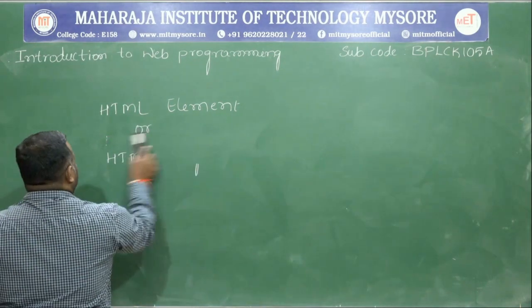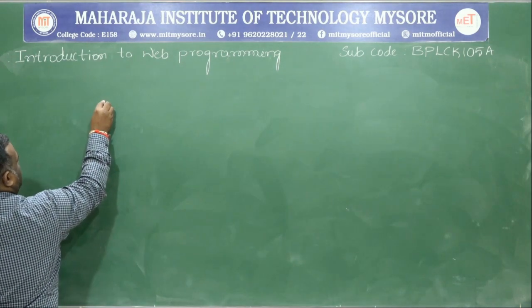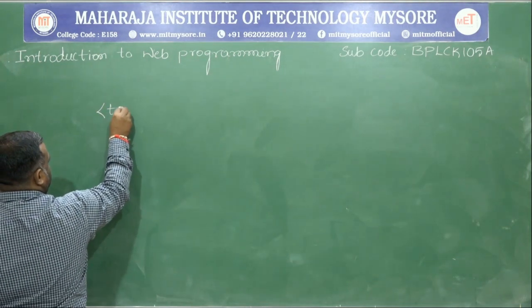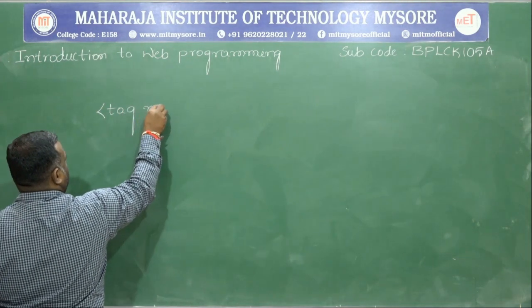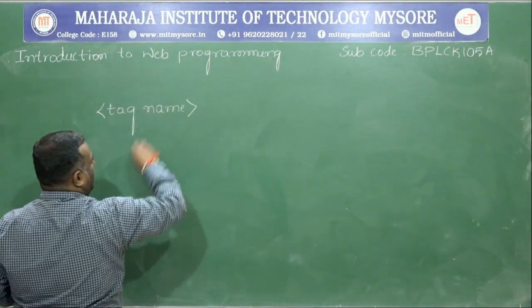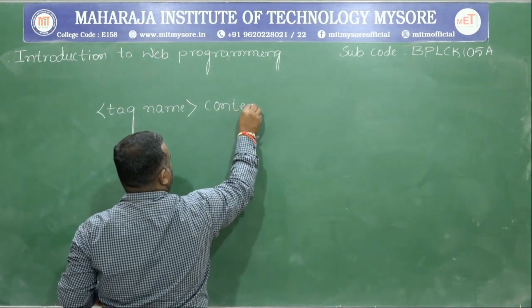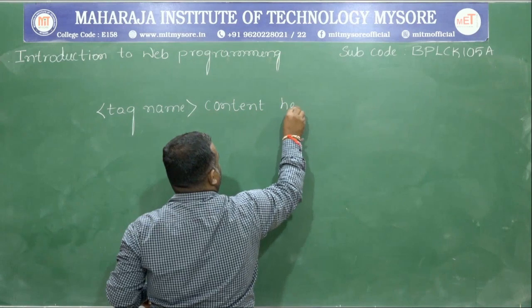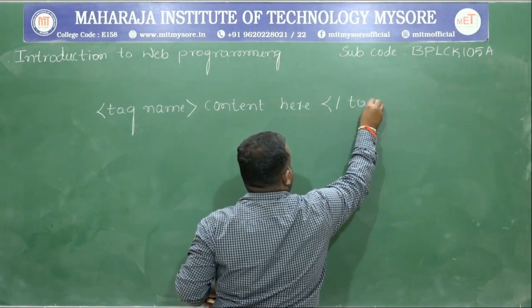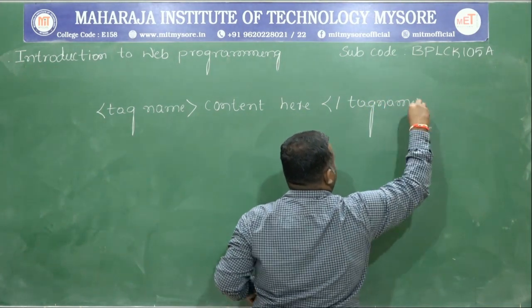What is the syntax of the HTML element? Syntax for an HTML tag: tag name, followed by the content here, and then the end of the tag name.